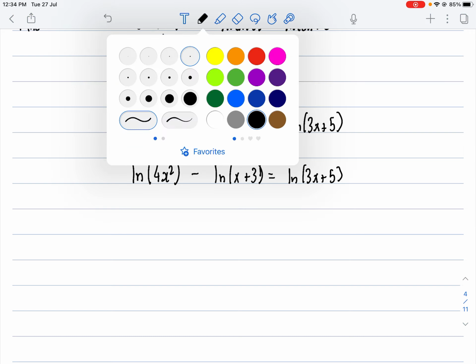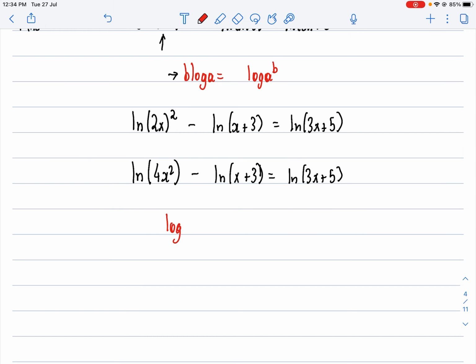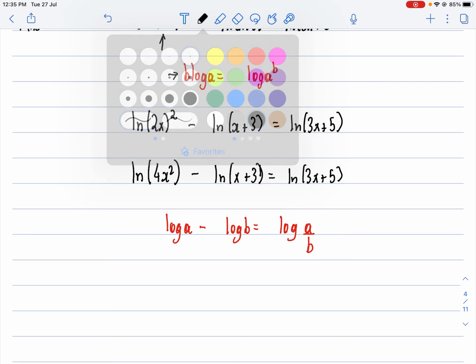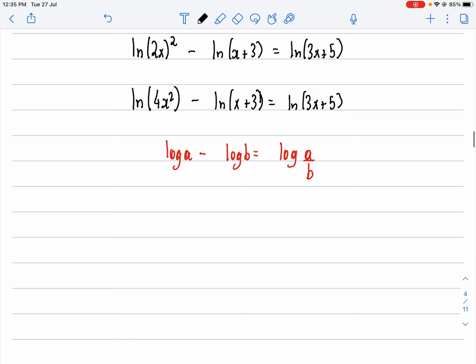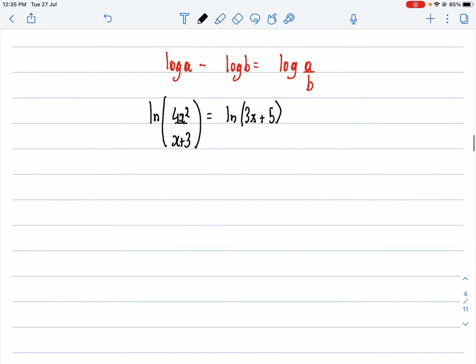Now the log property which I can use is that log of a minus log of b is equal to the log of a over b. Correct? Whether it's log or ln is the same thing as ln is a natural log. So you can use this property. So I can write this as ln 4x square divided by x plus 3, correct, which is equal to ln 3x plus 5.